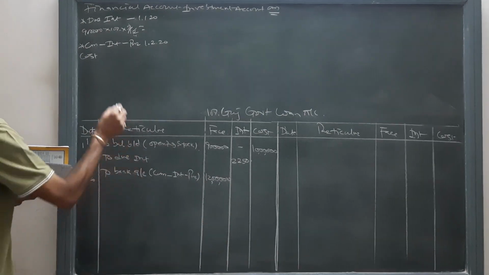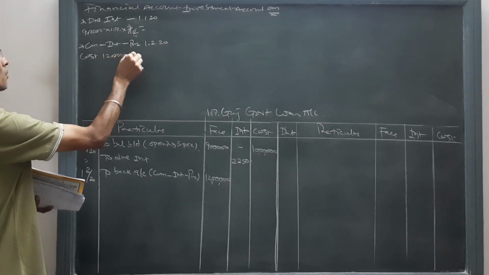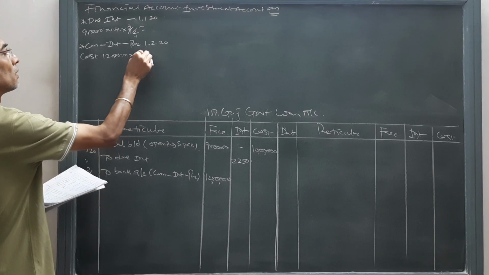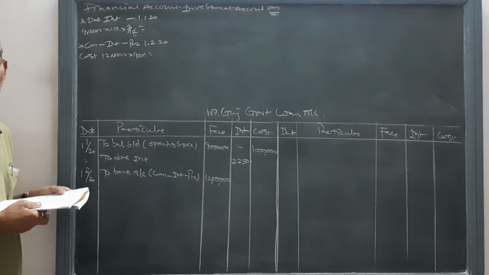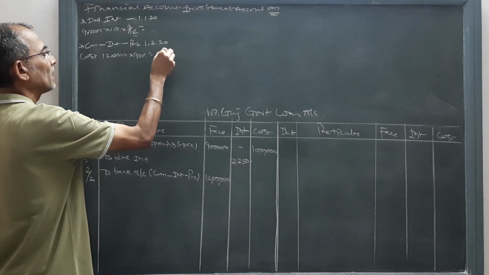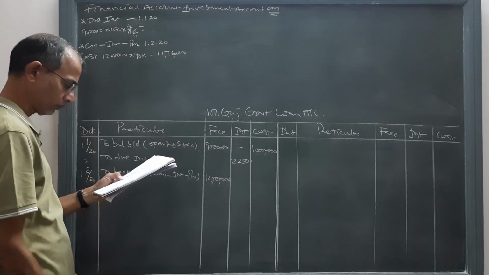Cost price we will calculate: 12 lakh into 98%. 1% will be 12,000 and 2% will be 24, so 11 lakh 76,000.